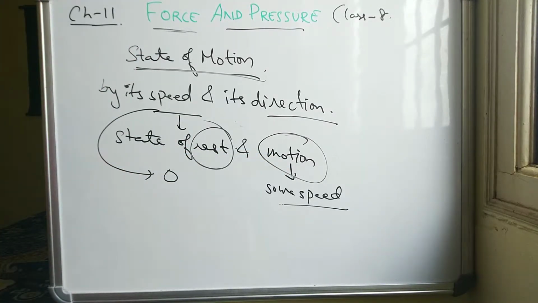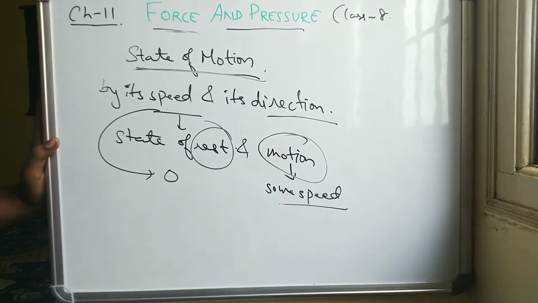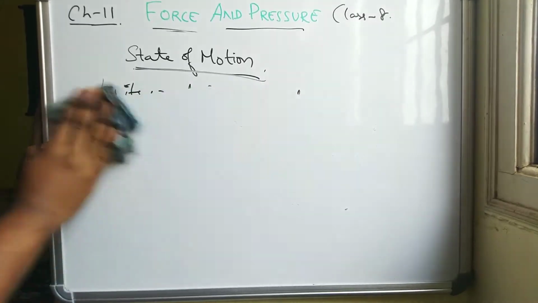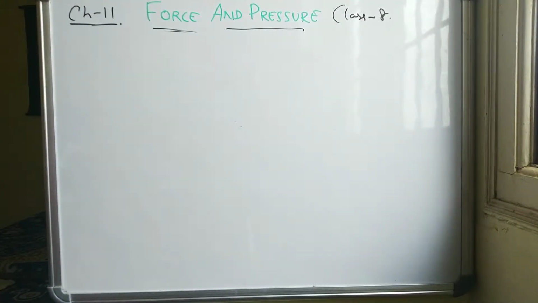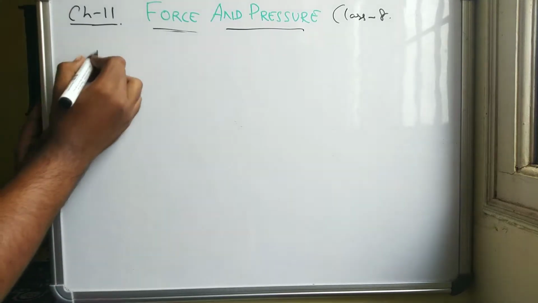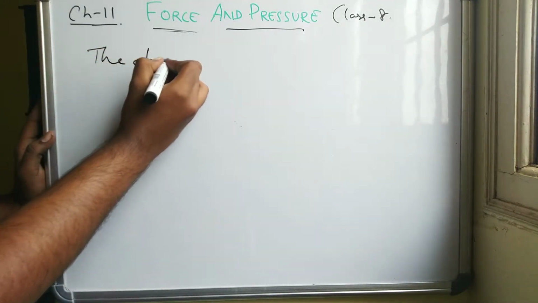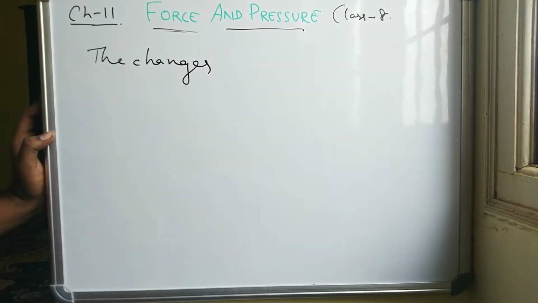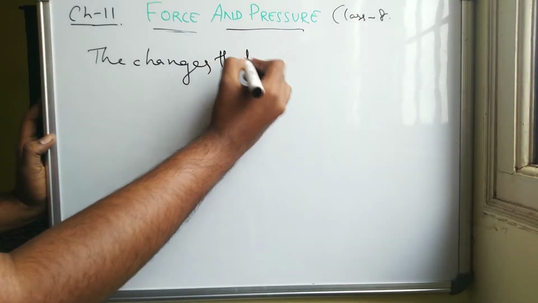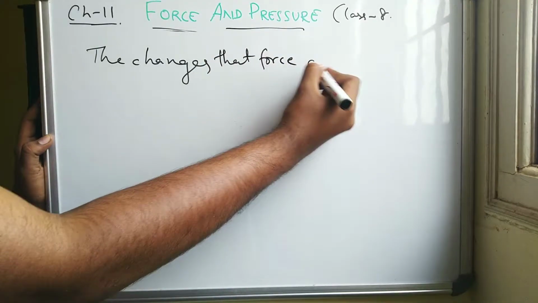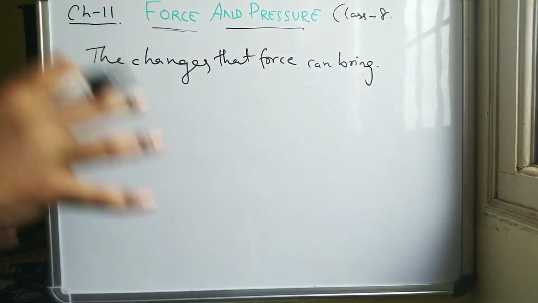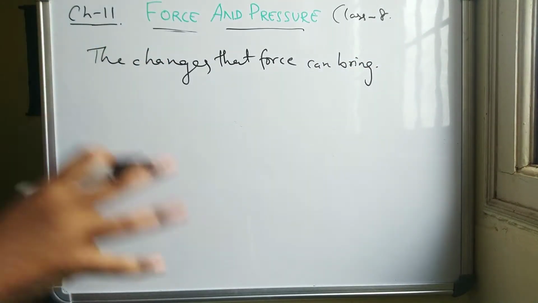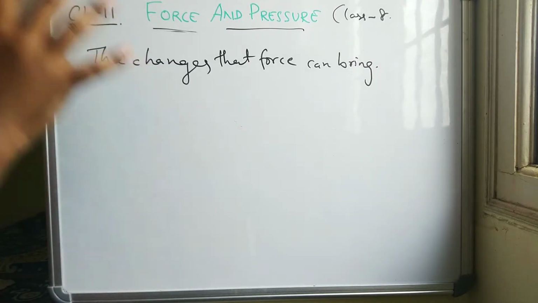Now we'll try to understand, if a force is applied on any object, what all changes can occur? Basically, the changes that force can bring when it is applied on any object.